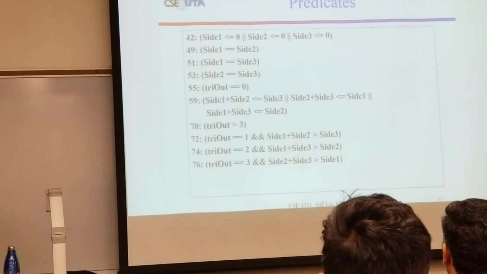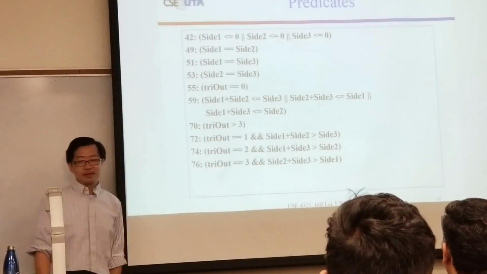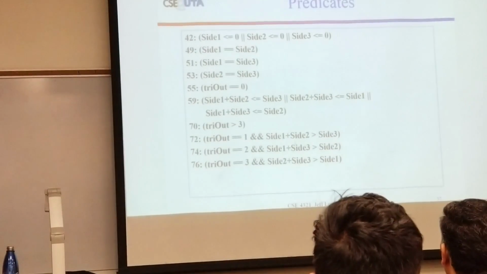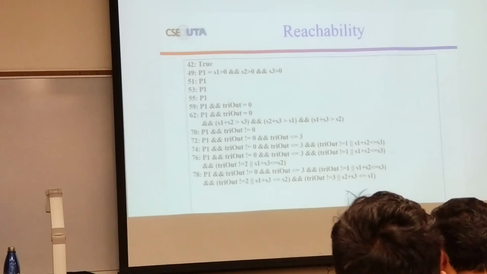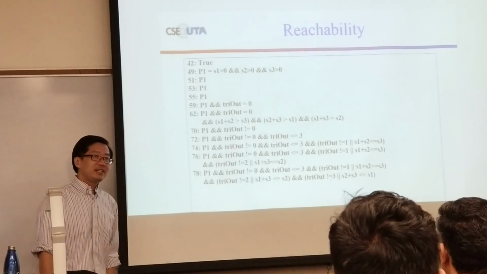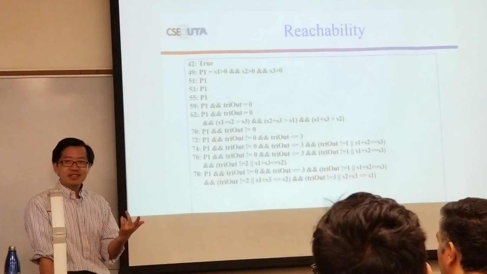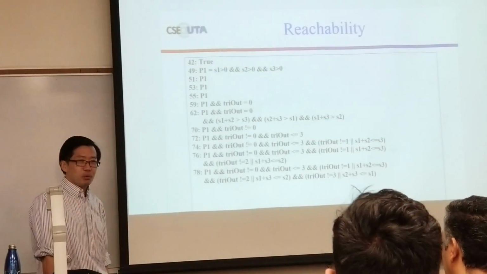So this is what we have here. We basically identify all the predicates here. So now, let's say we're going to identify reachability conditions for each predicate. The idea is this: if you want to test the predicate, you have to make sure the program execution comes to the point.